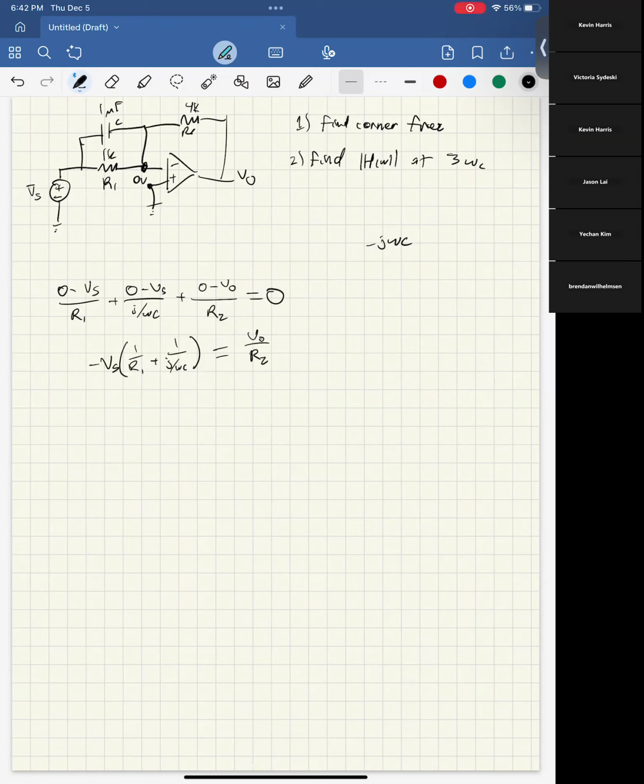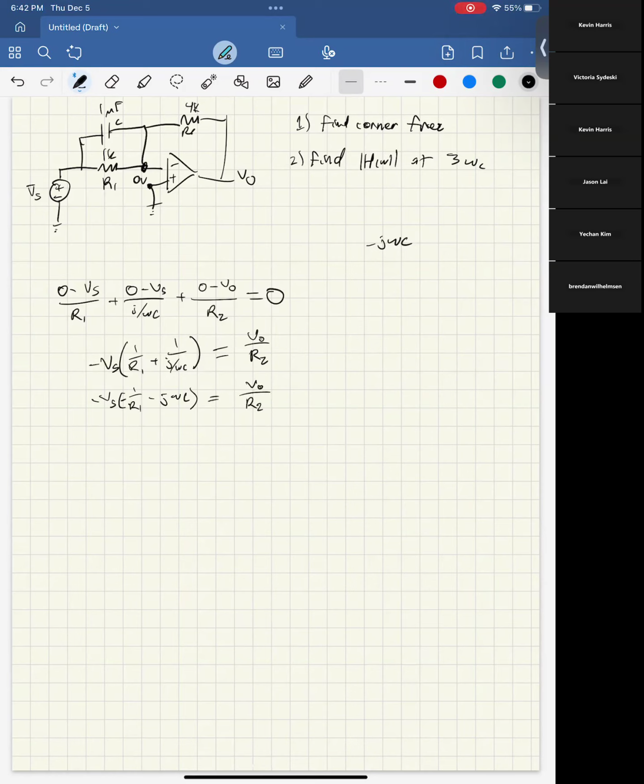And then we want to find V out over V in. So let me simplify this a bit more. You'd have minus Vs times 1 over R1 minus J omega C, equals V out over R2.